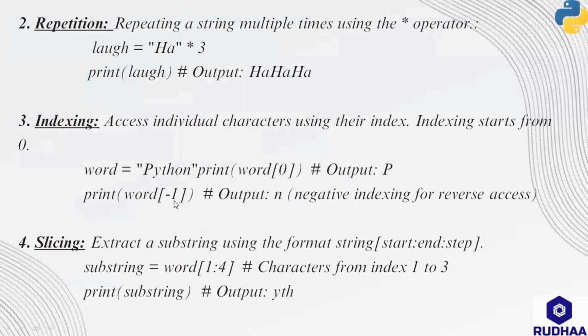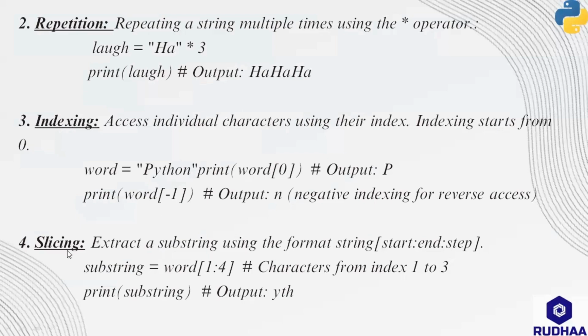Print word of -1. The minus always represents the reverse direction, so it will print the letter from the reverse direction. Here N is the letter present at negative index, so the output will be N. When starting from the reverse direction, it goes -1, -2, -3 like that.